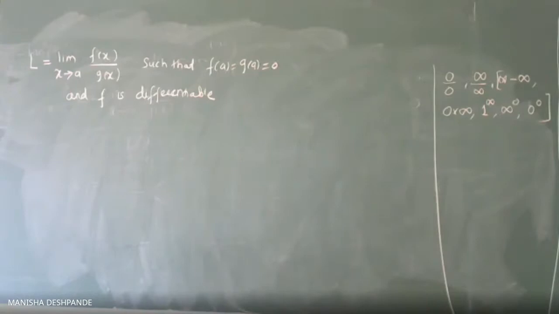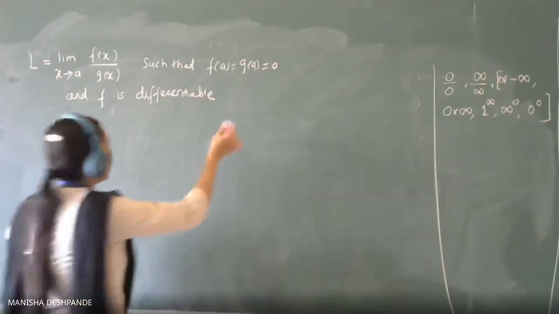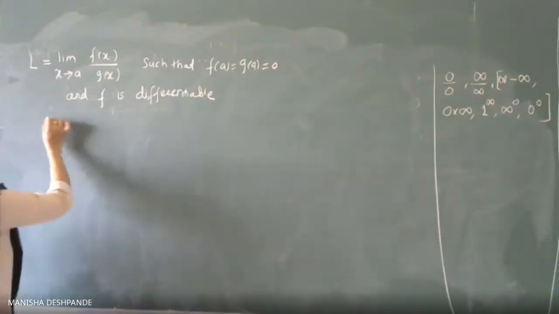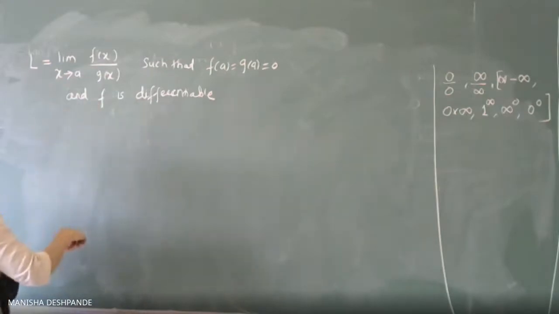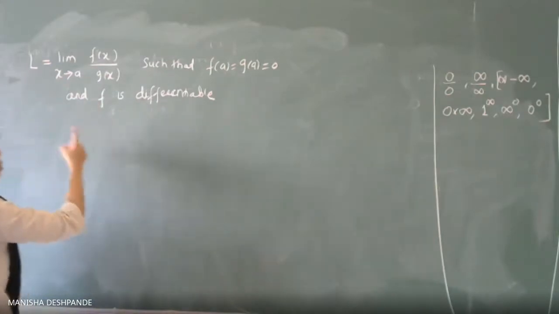That is, the derivative exists. So if the derivative exists, then we will write it in a specific form and we'll see what is the L'Hospital rule. First I will tell you what is the L'Hospital rule.